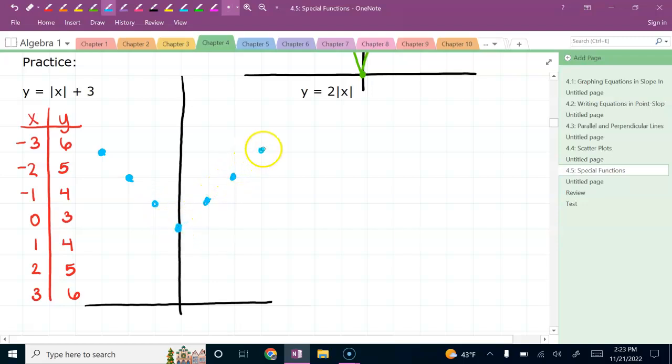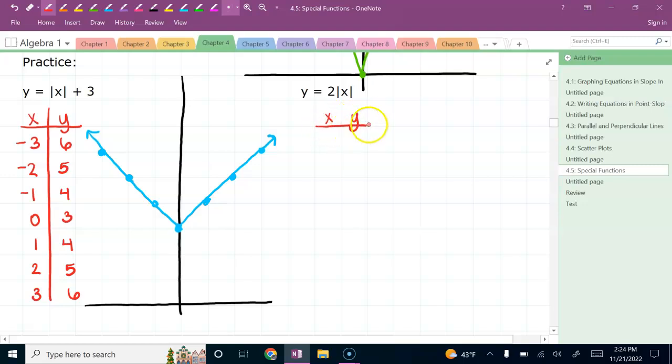So here's what your first one should have looked like. Okay, and that should make sense because we went up 3 because of that +3, so it just pushed all those points from the parent graph up 3.